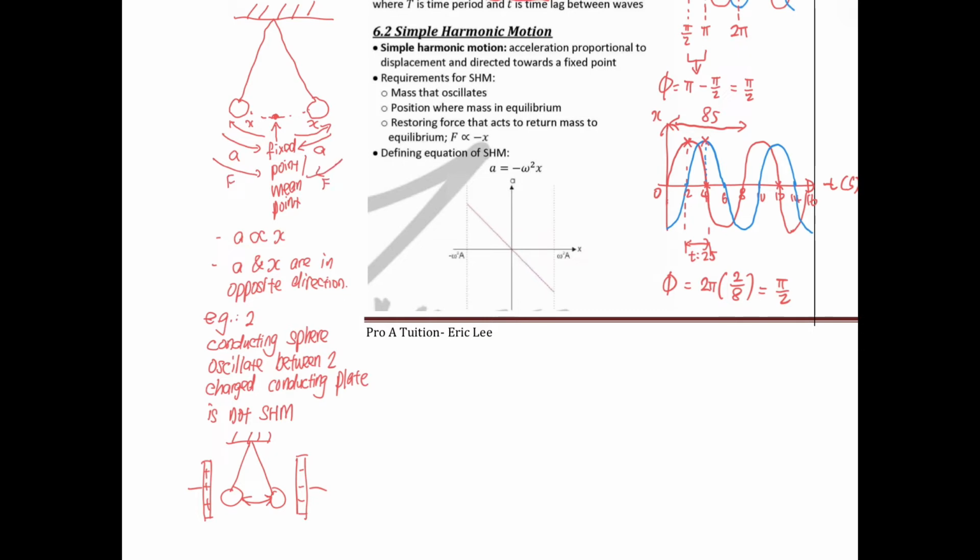From here, you will understand something. The force and the displacement have opposite sign. Because of this, we have the equation. The next point, the defining equation of SHM. This is the formula: a equals minus omega square x.